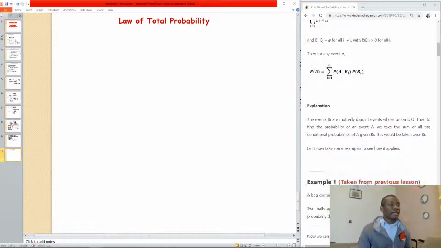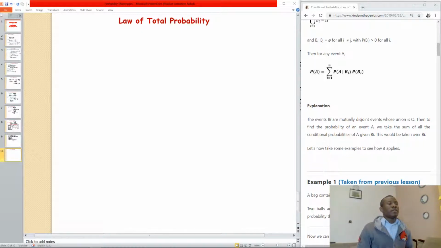The explanation goes this way. The events Bi are mutually disjoint, and the union is the sample space. Then to find the probability of an event A, we take the sum of all the conditional probabilities of A given Bi, taken over the whole of Bi.